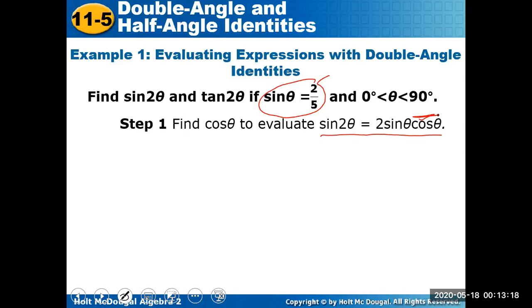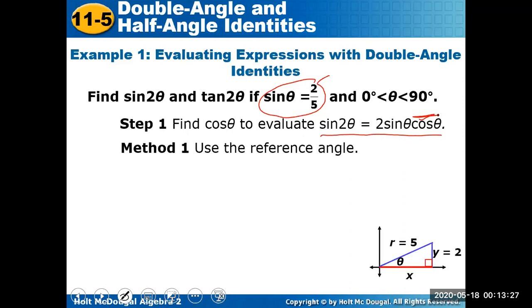Sine theta means opposite over hypotenuse. So we can use this triangle. This angle is your theta, so opposite is 2 and hypotenuse is 5.